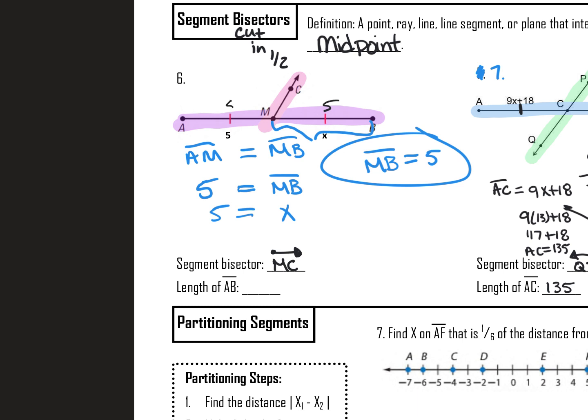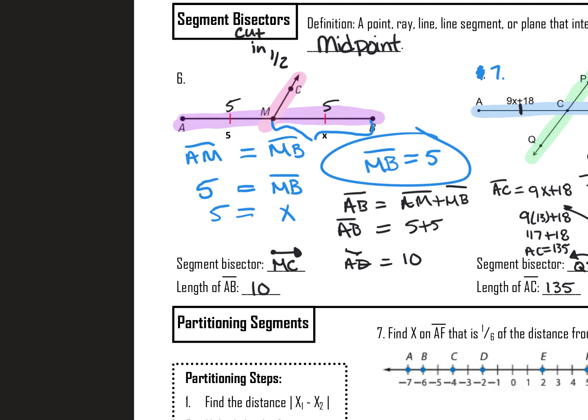And we know AM is 5. So we know that AB is going to be equal to AM plus MB. So in other words, we are just doing 5 plus 5 equals AB. Therefore, AB is going to equal 10.